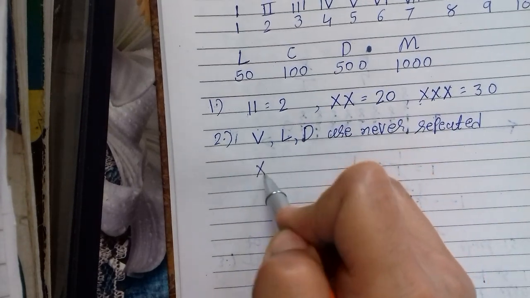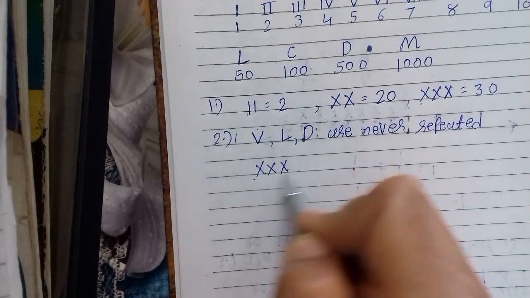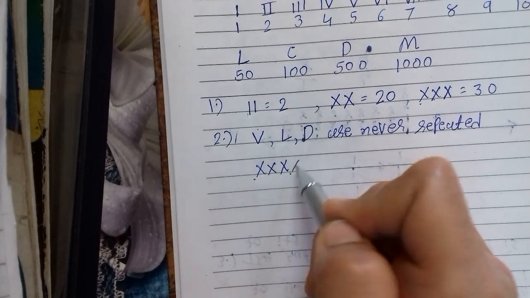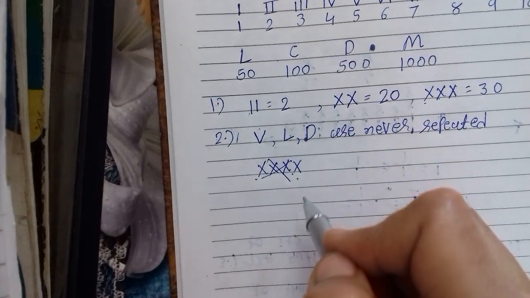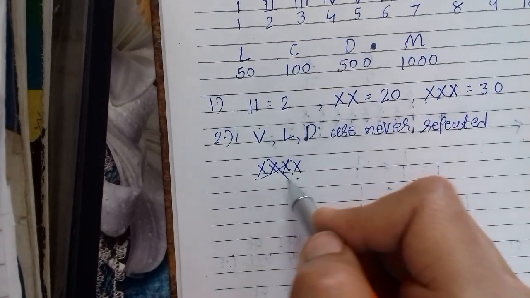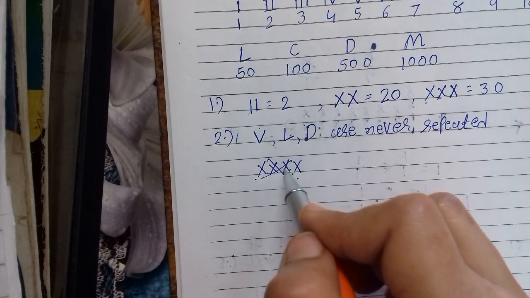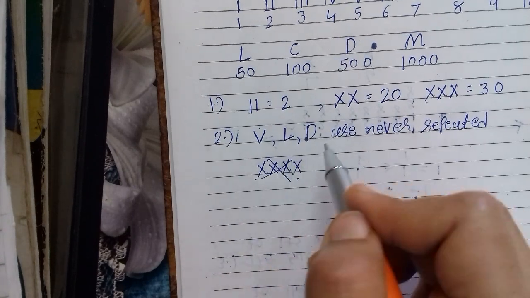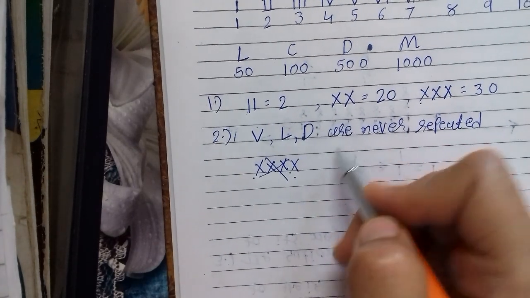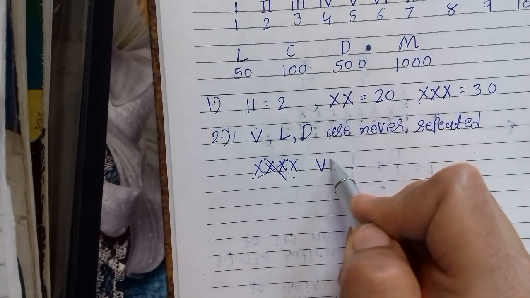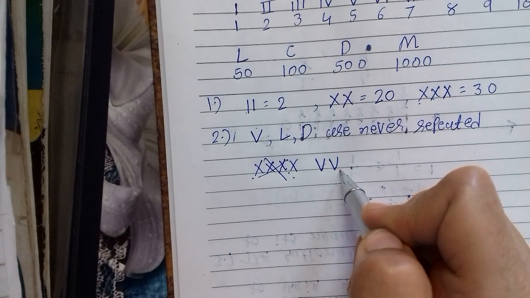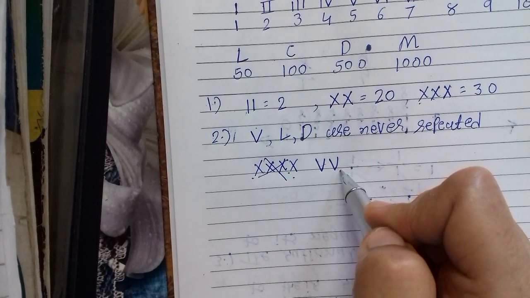You can write this X X X. Now you can't write this 4 times. This is wrong. So that means a symbol is not repeated more than 3 times. And you can't repeat these numerals.